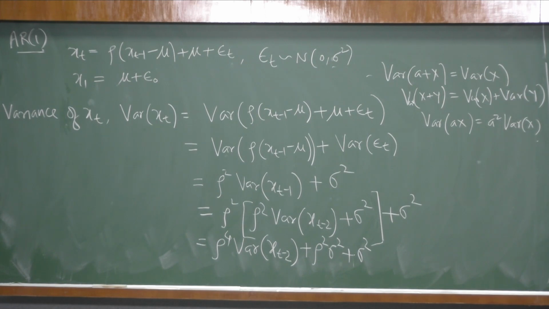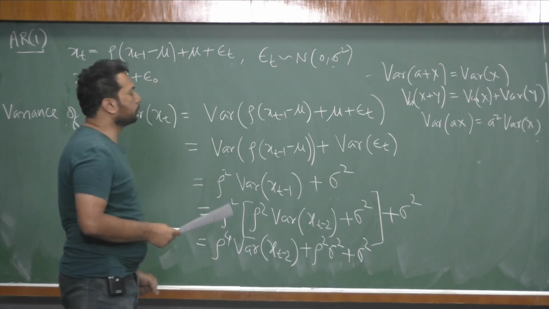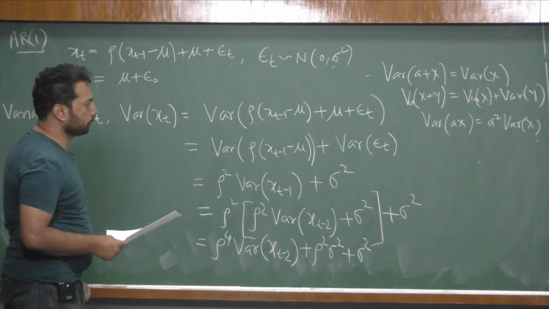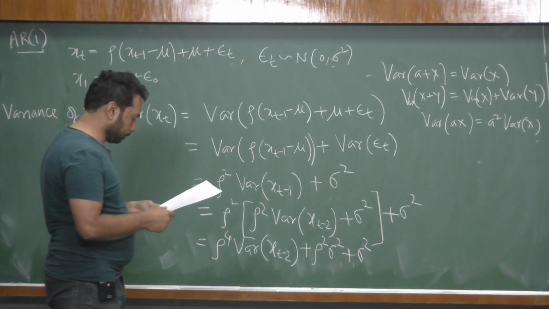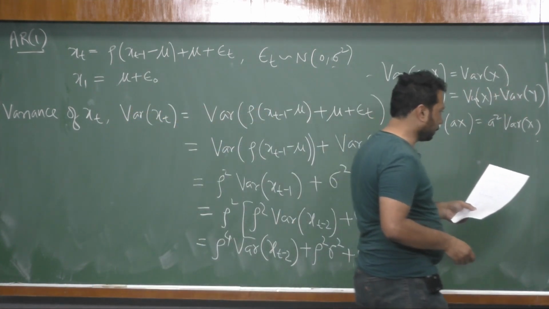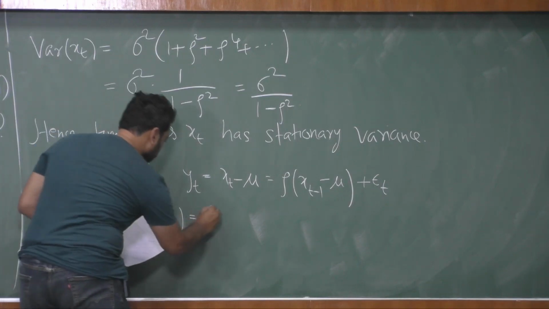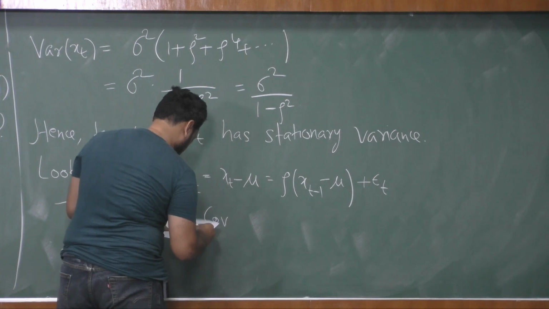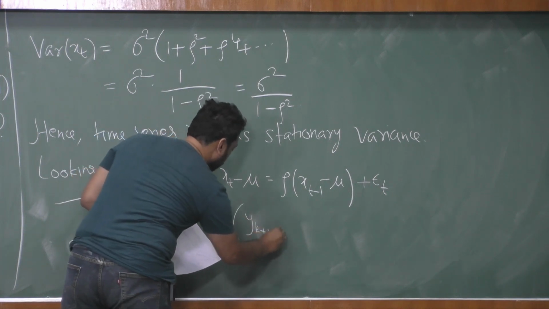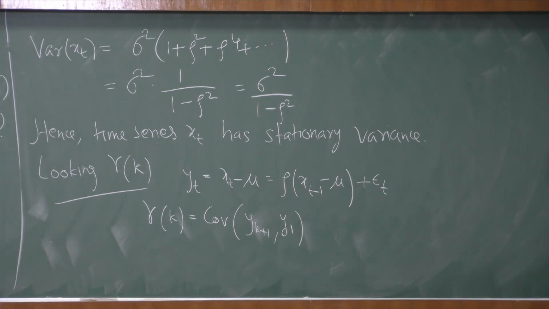So we define a new yt, which makes it a zero mean process, and then gamma k can also be written now as the covariance of y k plus 1 and y1. So our gamma k now becomes the covariance of yk plus 1 and y1.